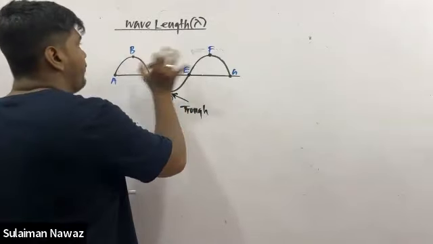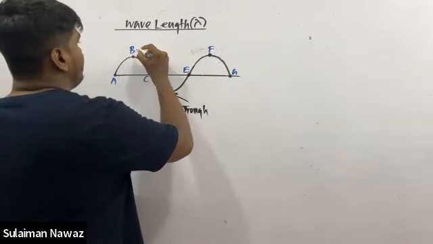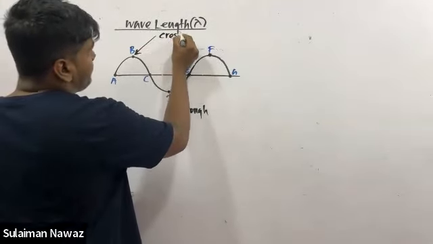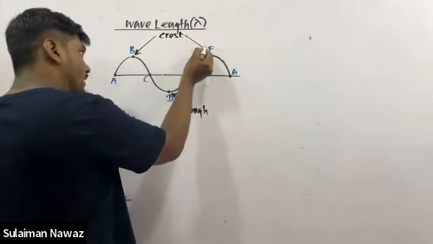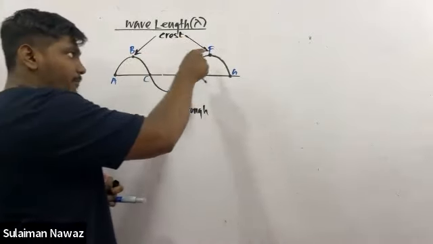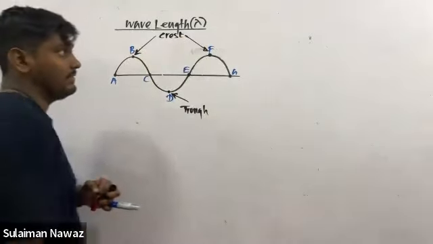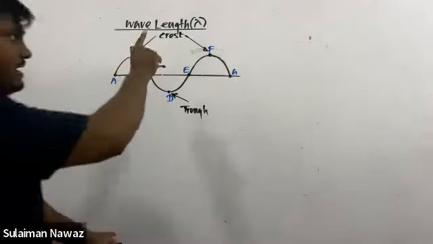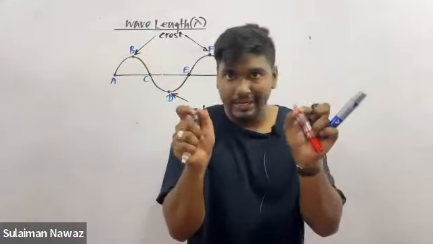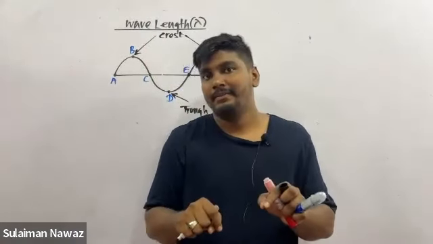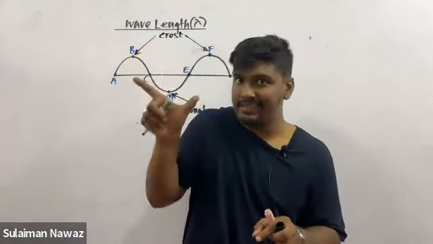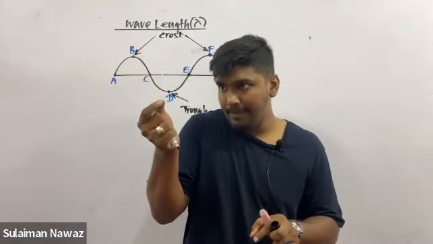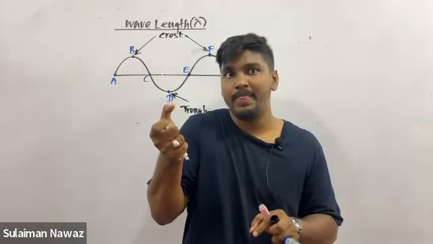Point capital B and point capital F are adjacent. Point B and F are two consecutive points on the same phase, because B and F are crests, so obviously they should be in the same phase.